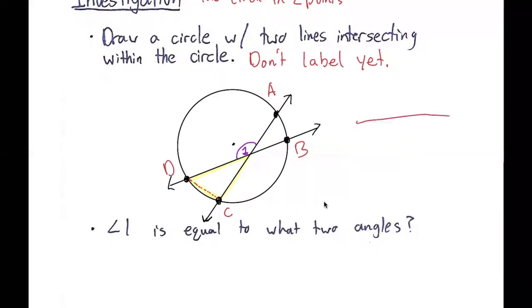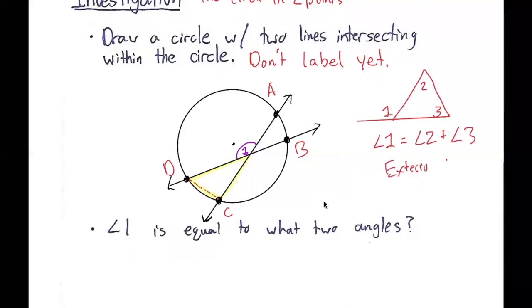Let me give you an easy example here. What would angle 1 be in regards to angles 2 and 3? You guys remember? Exterior angle. Boom, the exterior angle is beautiful. So angle 1 will equal angle 2 plus angle 3, okay? Just from a throwback, right? These are our exterior angles.